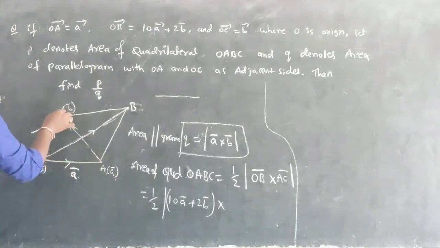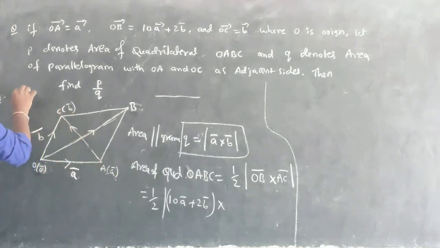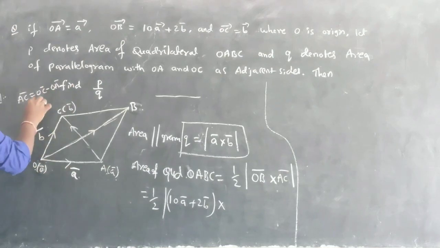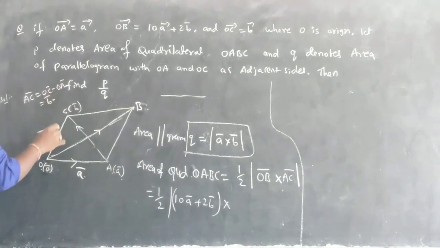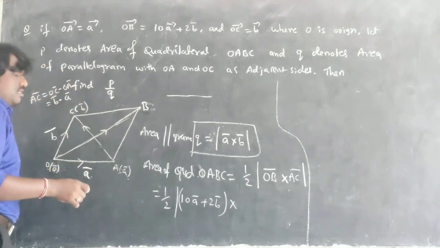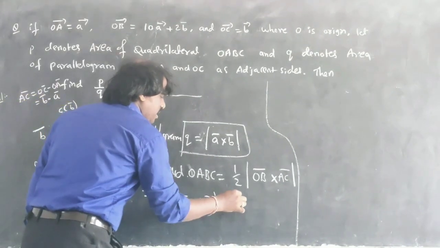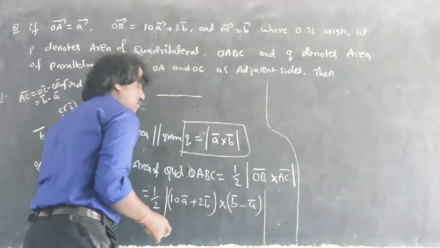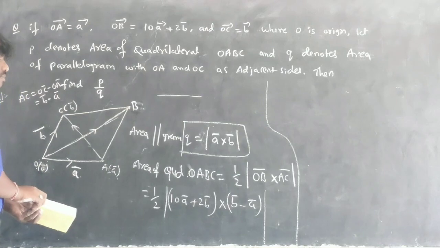AC vector means OC minus OA, and the OC value is given as B. So this is B minus OA, which is given A. So I am going to get B vector minus A vector. Okay, that is not a problem here.